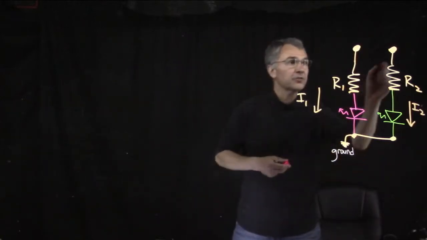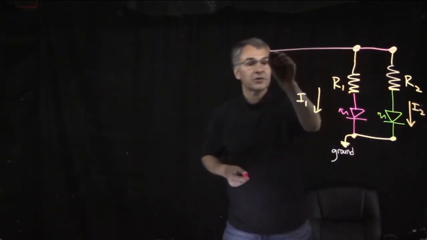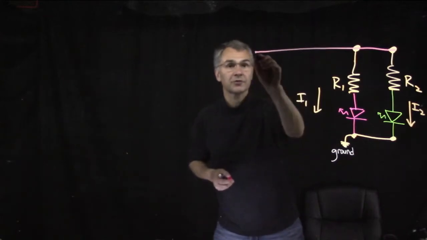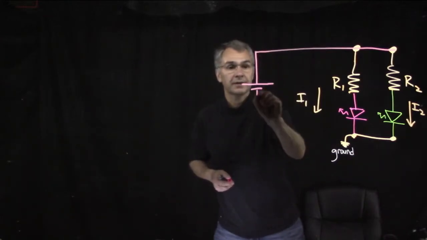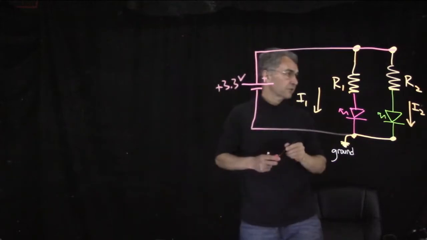One way that looks like something you might have seen in the past, I'll draw it that way for the moment to keep things looking familiar, is I could put a 3.3 volt battery over here.